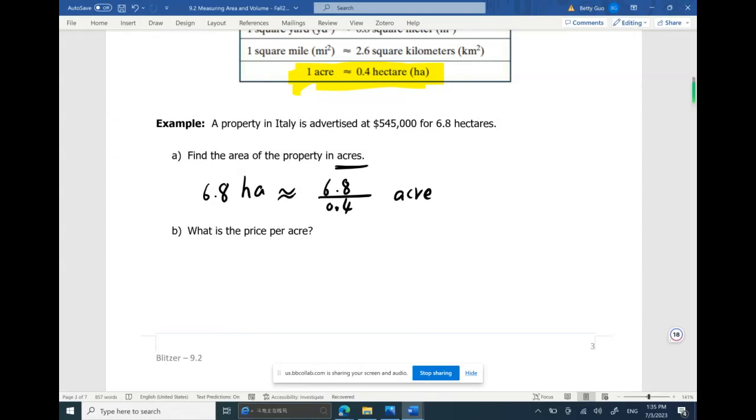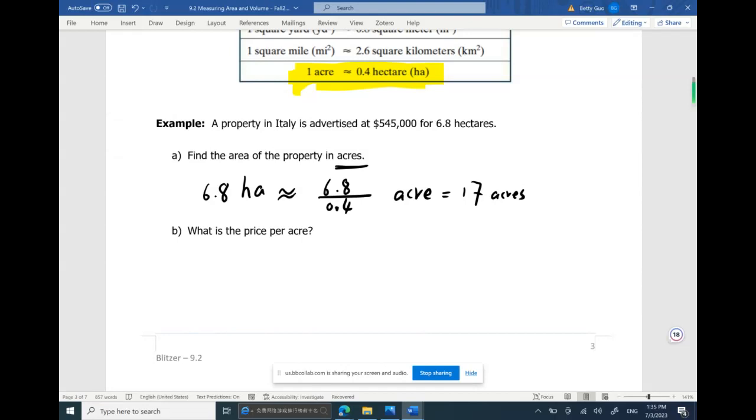So in this case, we have to divide by 0.4. From HA to acre, we divide by 0.4. Let's see what we have. 6.8 divided by 0.4 is 17 acres.